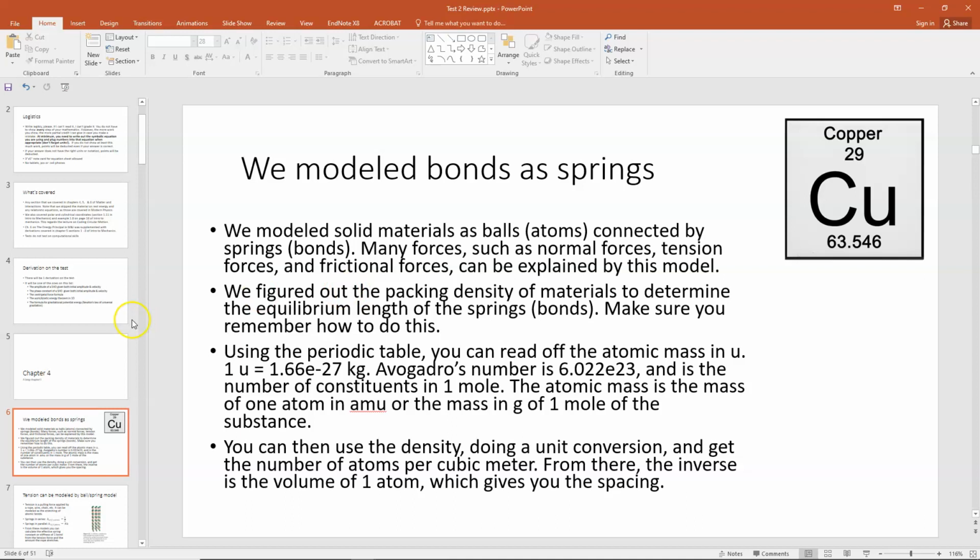Okay? Now, one atomic mass unit is 1.66 times 10 to the minus 27 kilograms. And Avogadro's number is 6.022 times 10 to the 23rd. Avogadro's number is the number of constituents in 1 mole of a substance. So there's 63.55 grams in 6.022 times 10 to the 23rd atoms of copper. All right?